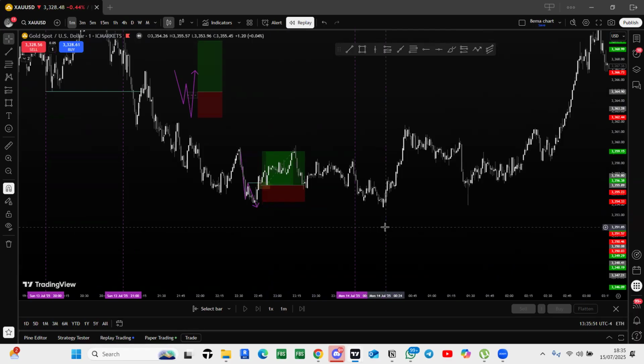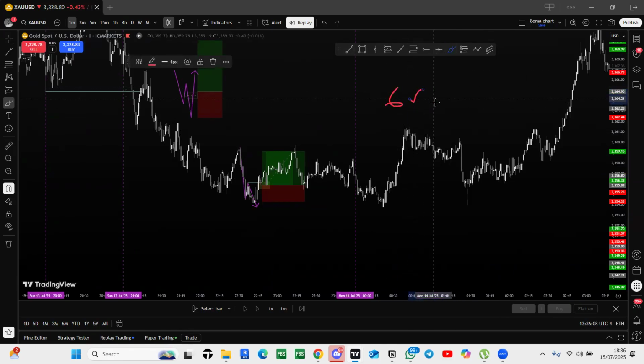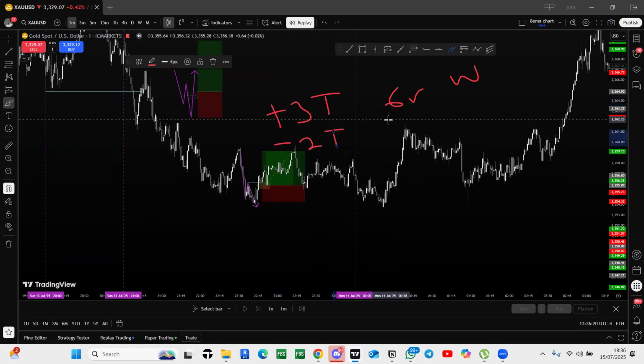You have five days in a week, and let's assume you win 3 trades and you lose 2. If you win 3 trades, that's 6R. If you lose 2 trades, that's 2R, because each trade risks 1% but your wins are 2%.